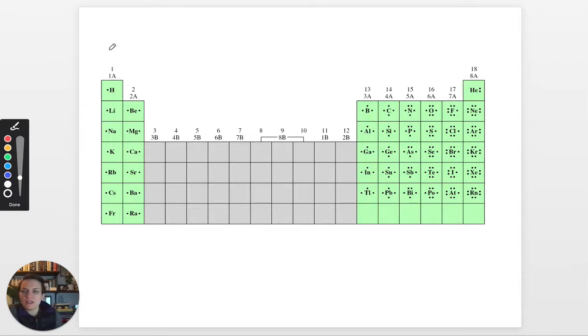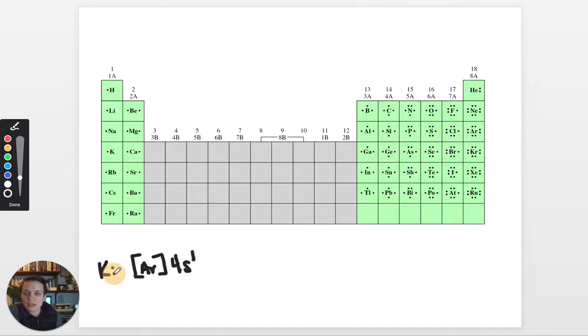Okay, so let's just look at our group 1A, the alkali metals. If you think of, let's just do potassium, right? If we were to write the electron configuration of potassium, we could just simplify it with argon plus 4s1, and that would be potassium.